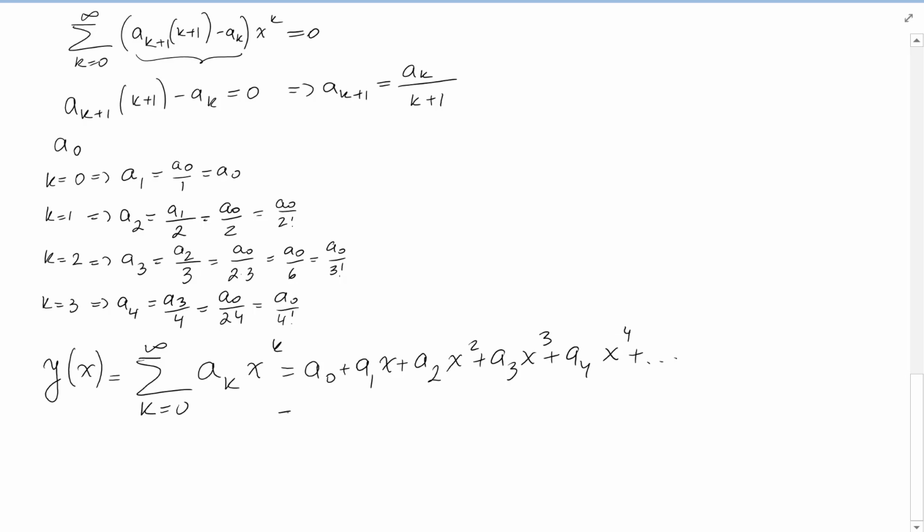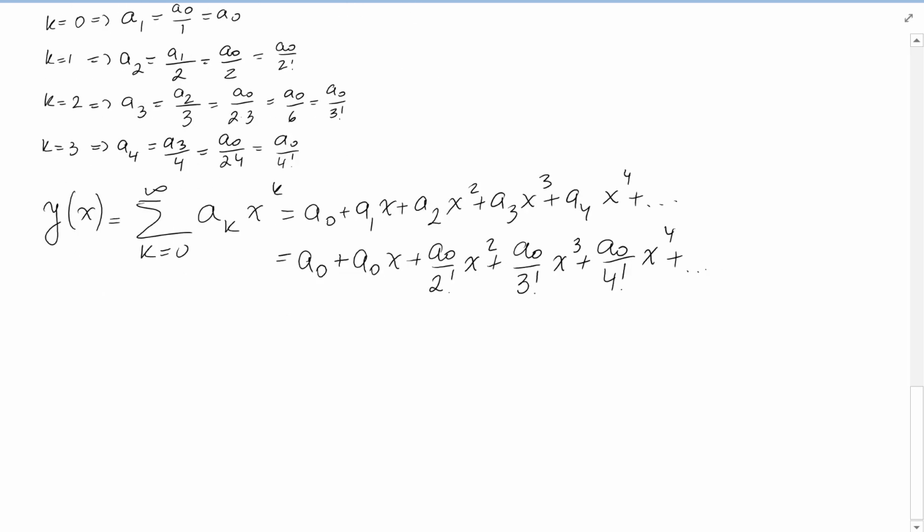But in our case, a naught we keep as a naught, a1 is a naught, a2 is a naught over 2 factorial, a3 is a naught over 3 factorial, a4 is a naught over 4 factorial, and so on.